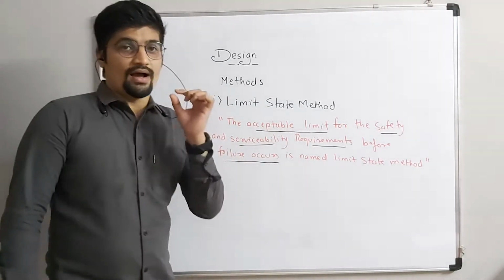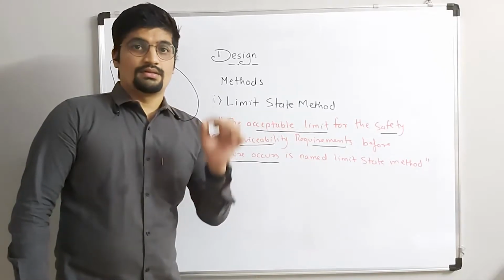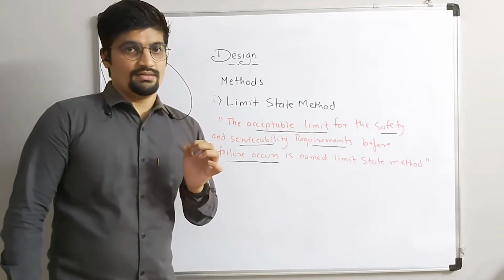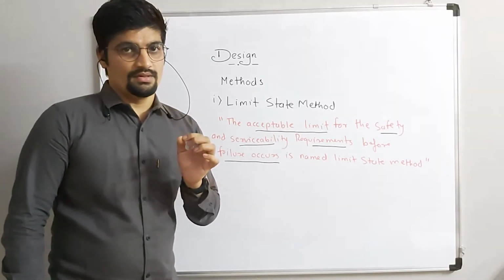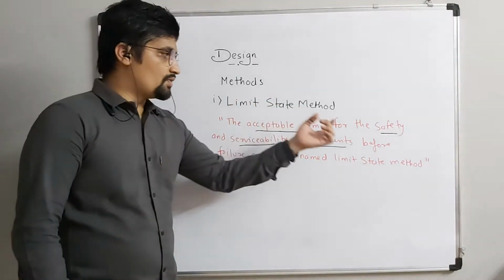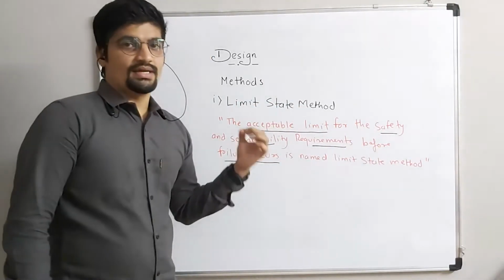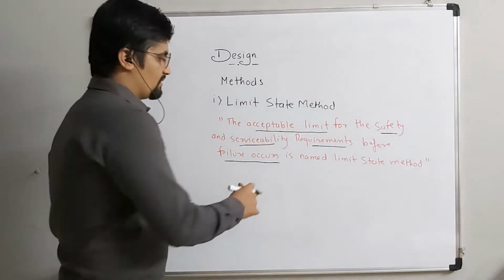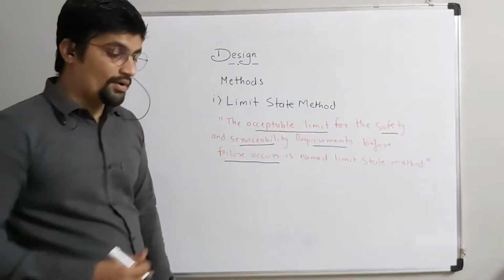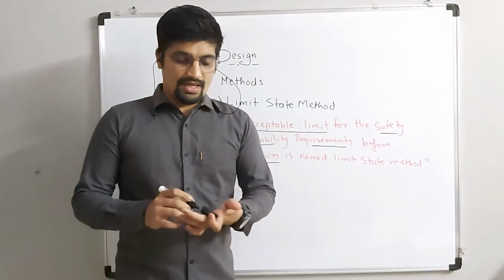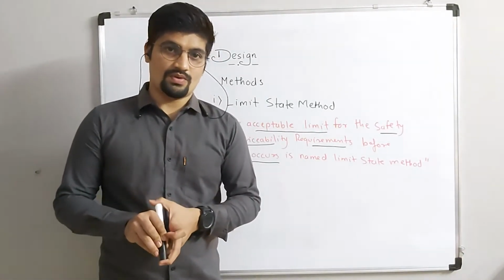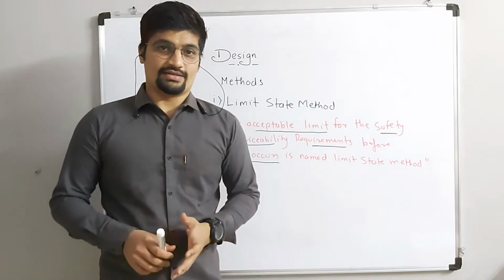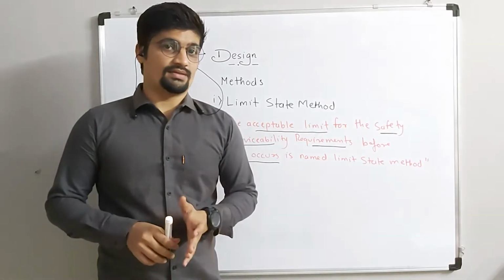After that, the structure should withstand throughout its life period, resisting loads and serviceability criteria, which is known as the limit state method. So in this method we have to make the structure such that it resists all the loads and requirements.